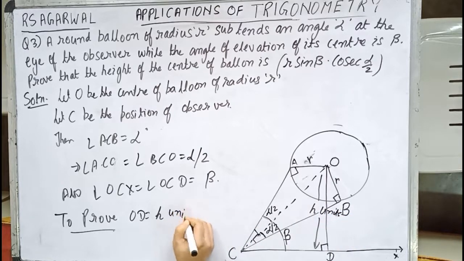OD equals H units, only H I am writing, equals r sin beta into cosec alpha by 2.